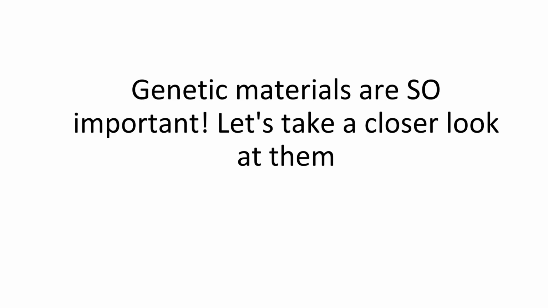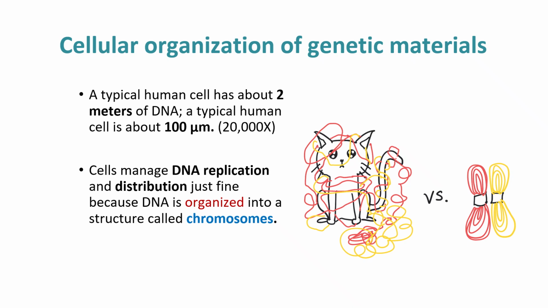Because replicating and allocating DNA is so important during cell division, let's take a closer look at this genetic material before we move on to more of the details about mitosis, which is the cell division. You might recall that all life carries its genetic material in the form of DNA.